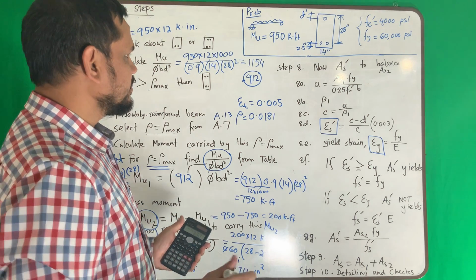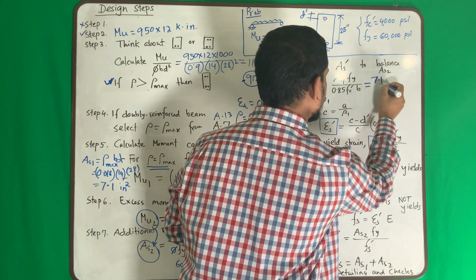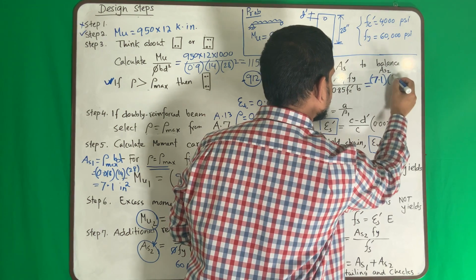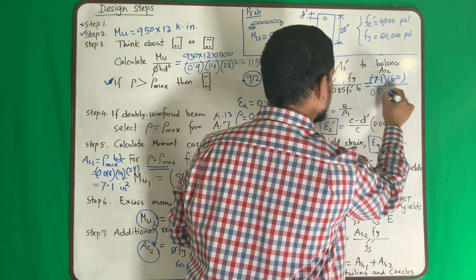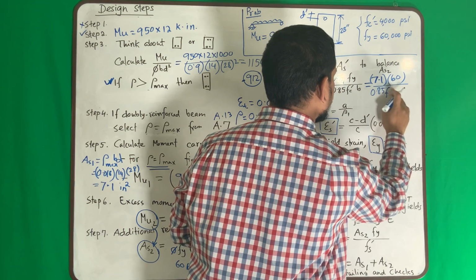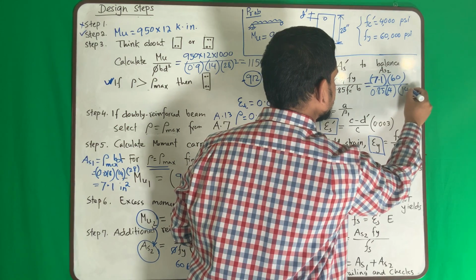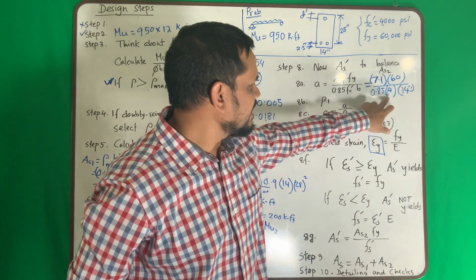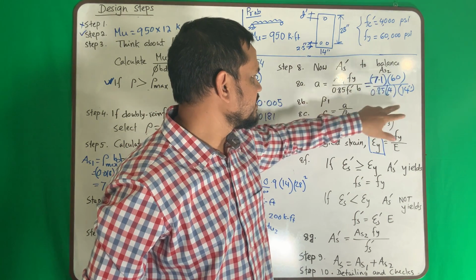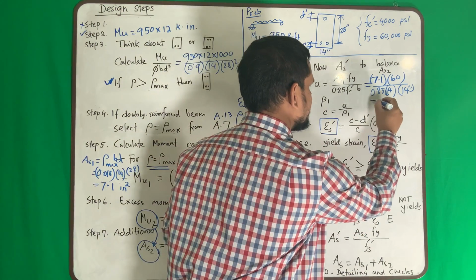Okay, so then I will use 7.1 inch square, 60 divided by 0.85. F prime C is 4, B is 14. So this is KSI, this is KSI, it will cancel each other, inch square, inch, so it's consistent.